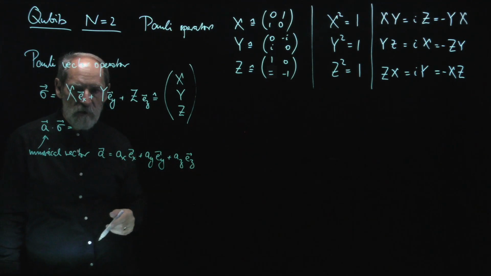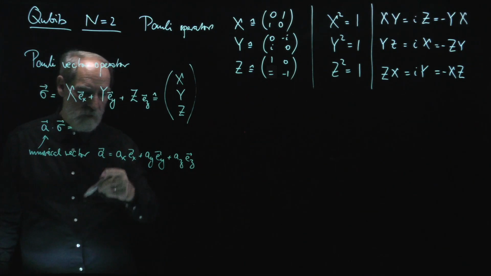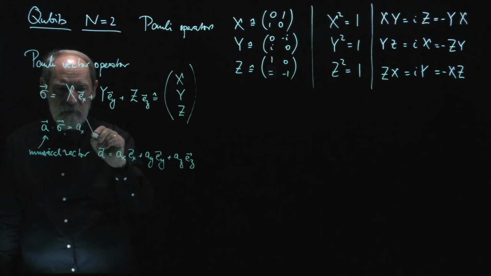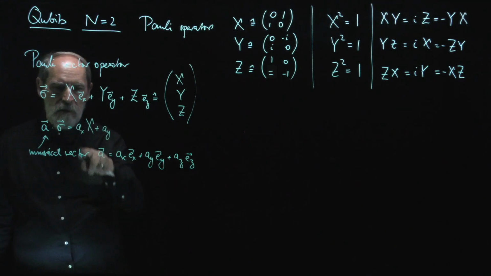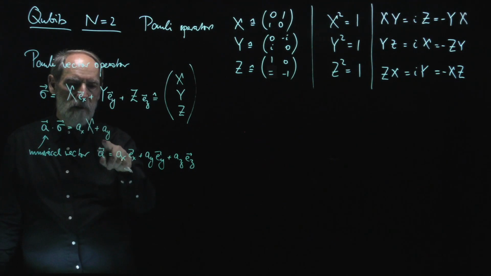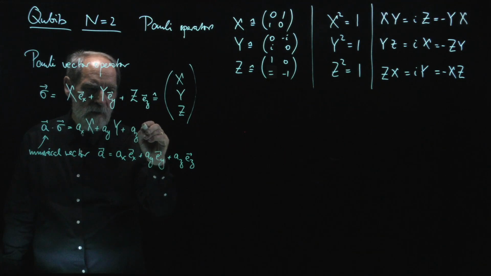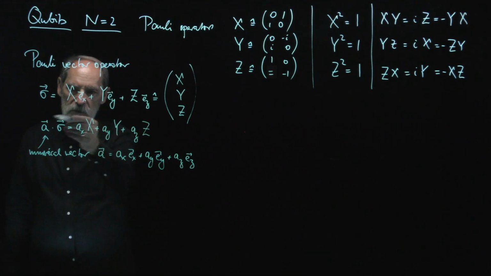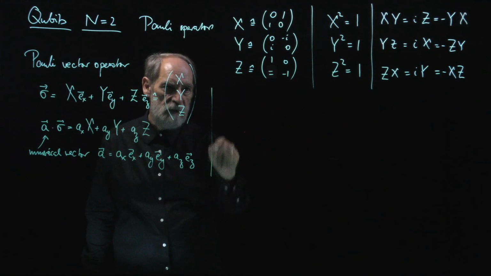And these are, of course, the Cartesian unit vectors for the coordinate system that we are referring to. And so we get the number ax times the operator x, the number ay times the operator y, and the number az times the operator z. So this notation is very natural in this context.